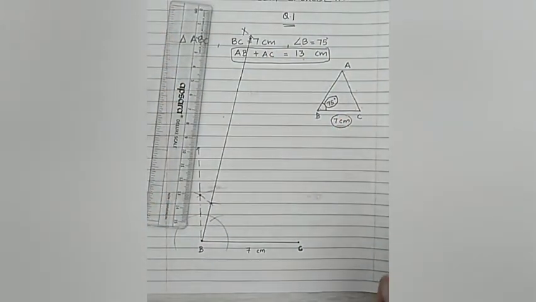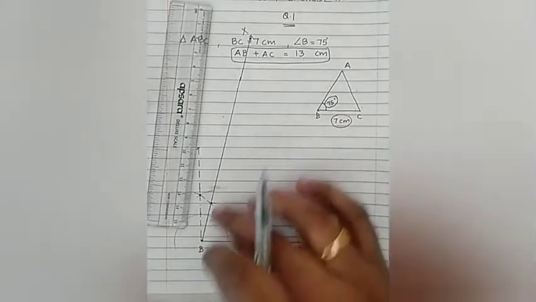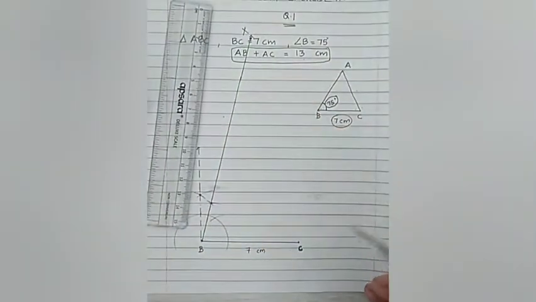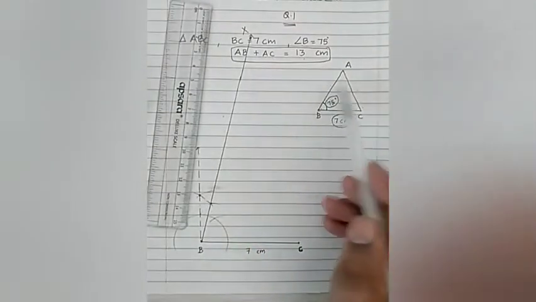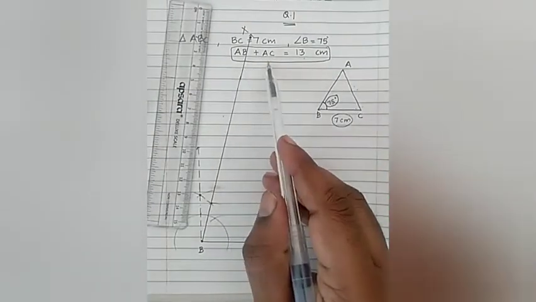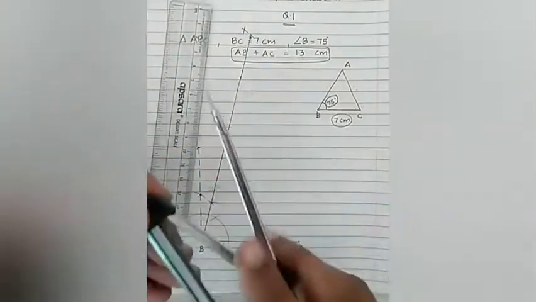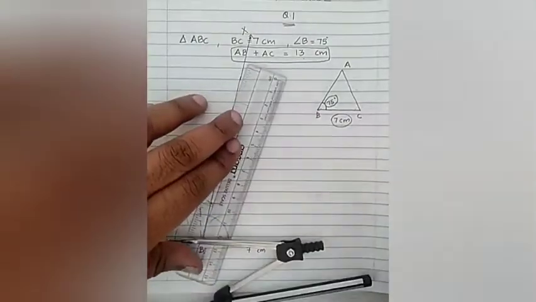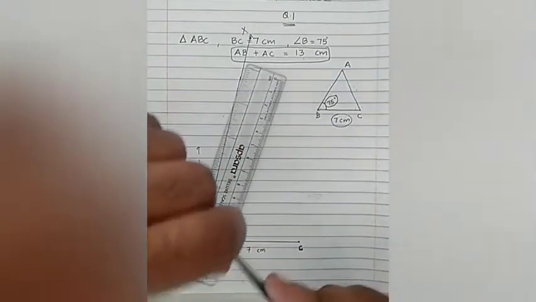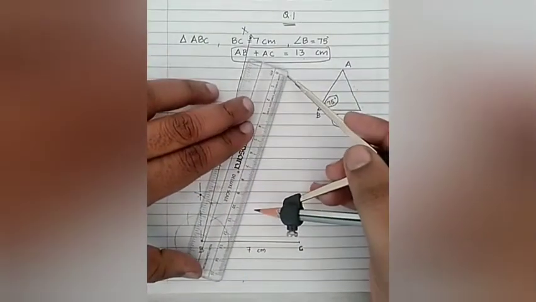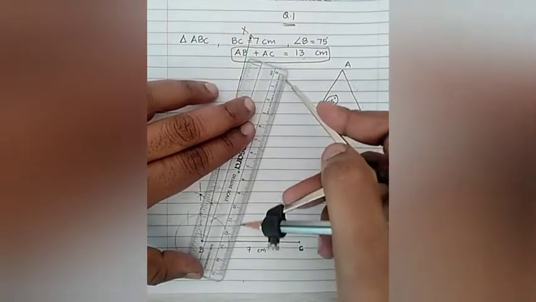Now, my dear students, the next step is on this ray BX, we will make an arc which is equal to the sum of the two sides. And the sum of the two sides in this question is 13 centimeter. So I'll use my geometric compass and my scale and measure the length which is equal to 13 centimeter.